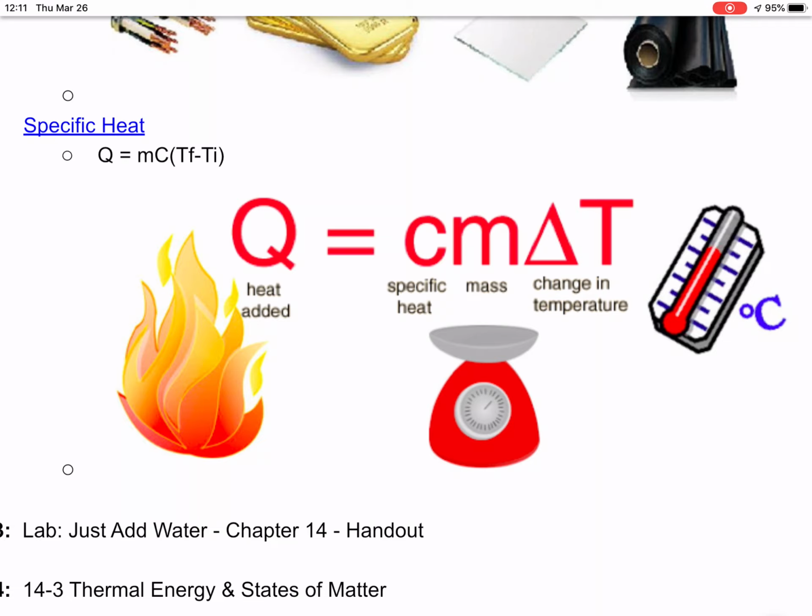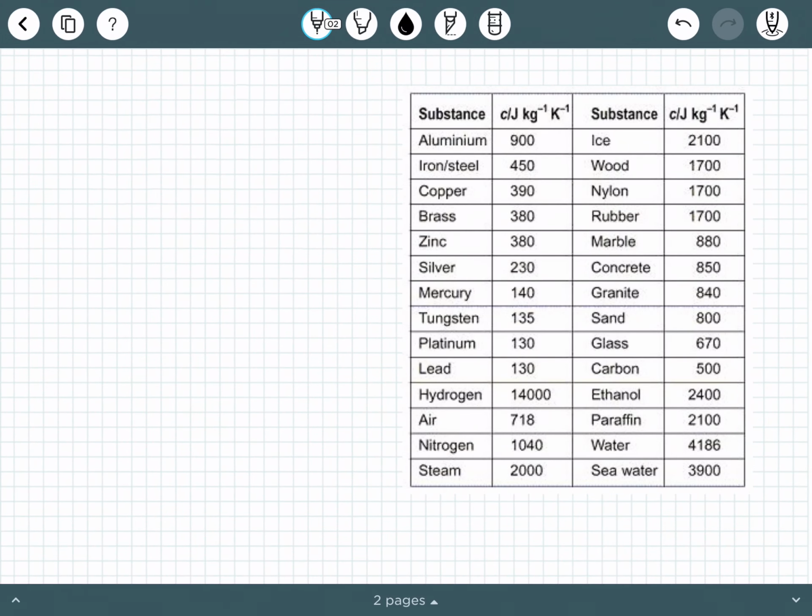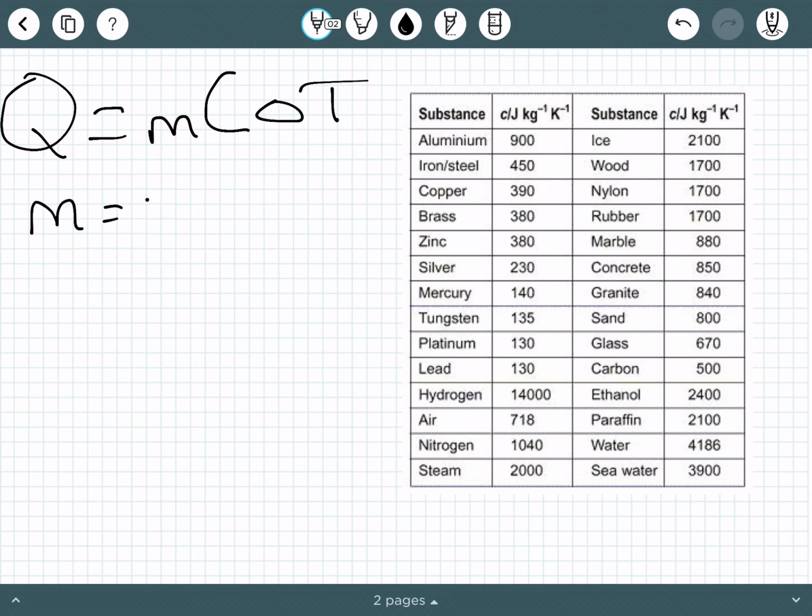Now, I'm going to pull up a table and a little thing for us to work at. So we're here looking at this, and we want to be able to calculate the equation. So we're going to take the equation Q equals m, capital C, delta T. If I give you a mass, let's say my mass is 40 grams of, let's say, platinum, what is the specific heat for platinum?